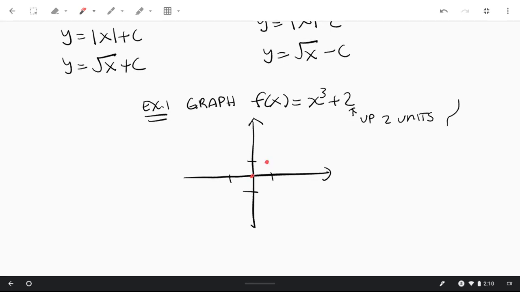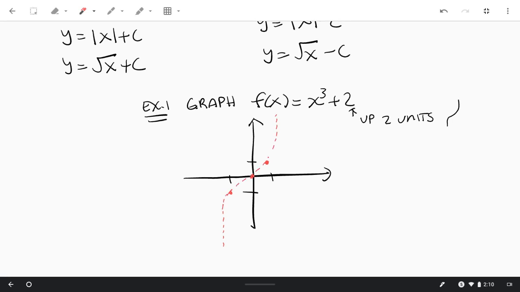We have a point at (0, 0), (1, 1), and (-1, -1). I'm just going to do a dash because this is not my final answer, but I am using it to help me get my final answer. So this is the parent function, x cubed.